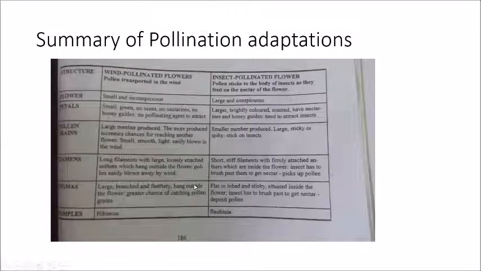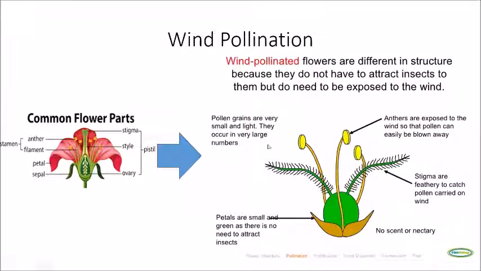Next we're going to talk about the stamen with wind pollinated flowers. Remember we said that the stamen is going to be very long and it's going to hang outside of the flower. Here's a picture of that. Like I said, the stamen is very long and it's hanging outside of the flower. Same thing with the stigma.